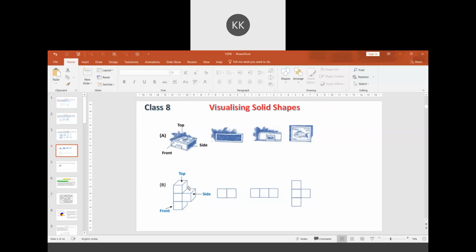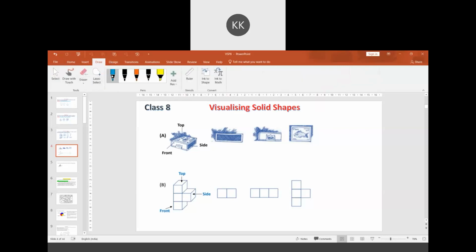When a solid is made up of several cubes, here four cubes are there, they are arranged in this manner. This particular face will be the top view, isn't it? Let me mention that this is the top view.